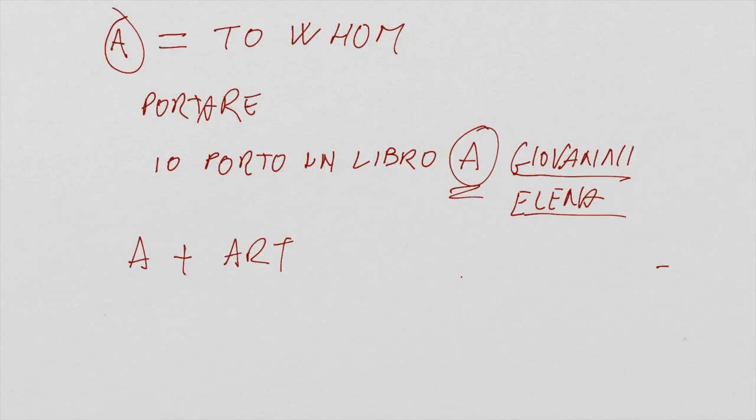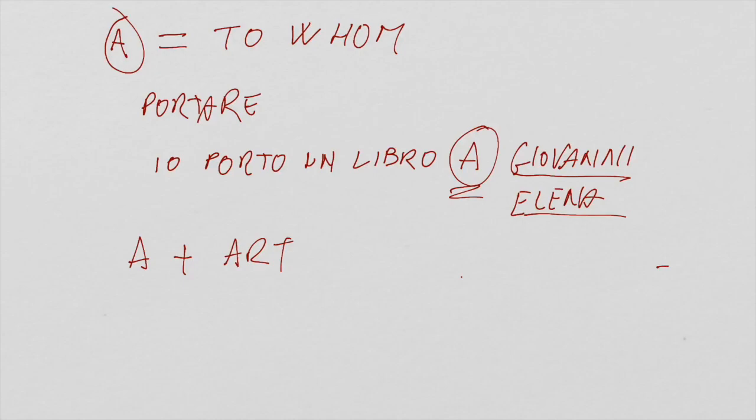And in this case, you must simply remember what is the result of the combination. So let's say I bring a book to the professor. In this case, it's not just simply to, but it's to the professor. So that to the in Italian will be the combination of a plus the definite article. So il, lo, la, etc.